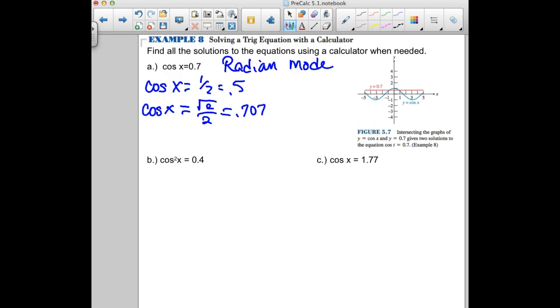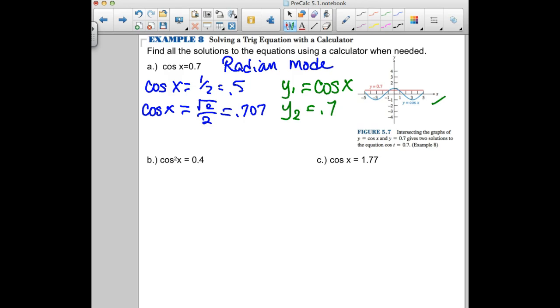All right, so what we're going to do is graph the two sides of this equation as two separate equations. So enter in your calculator y1 equals the cosine of x. That's going to get us a cosine curve, and because we have it in radian mode, it will look like a cosine graph, which is our blue graph over here in our picture. All right, and then our second equation is just y equals 0.7.